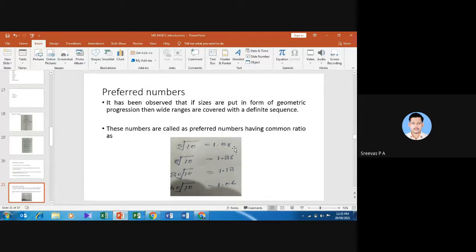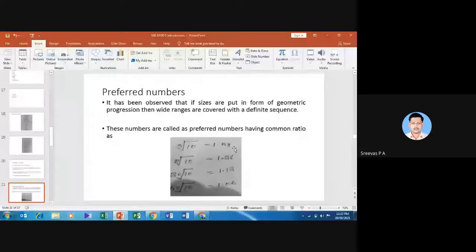In R20, the common ratio will be 10 raised to 1 by 20, or 20th root of 10, which will be equal to 1.12. And in case of R40 series, its common ratio will be 10 raised to 1 by 40, or 40th root of 10. That will be equal to 1.06. So now we get the common ratio.